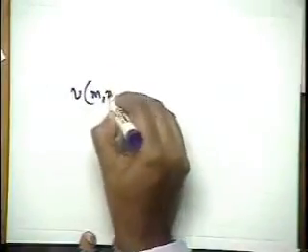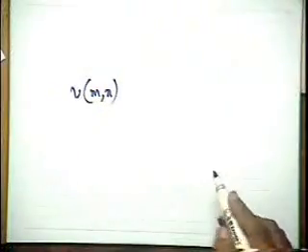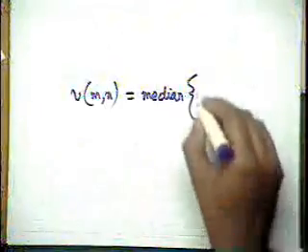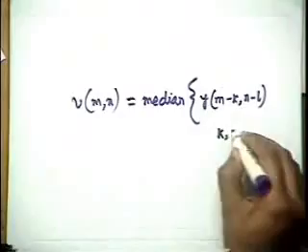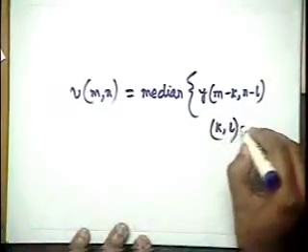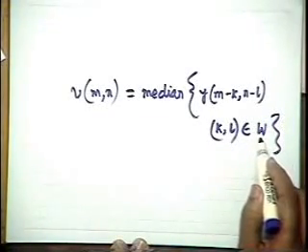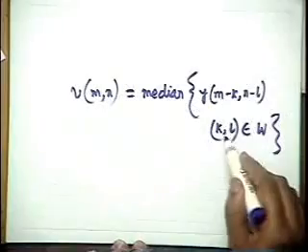And I define V of Mn as the median value over Y of m minus k, n minus L, where, as before, the K, L indices are for the window W. I again choose a window W centered around this Mn pixel, and I call the index of this window parameters K, L, and over this window I consider the median value.